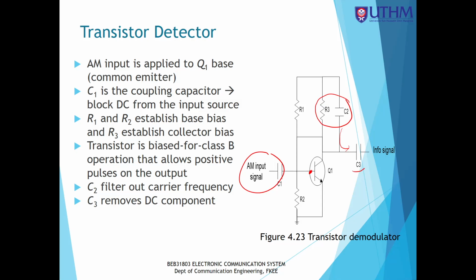Okay, and then C3 will remove the DC level so that the output signal is a sine wave, or the original signal, which is centered at the x-axis. So this capacitor removes the DC voltage.